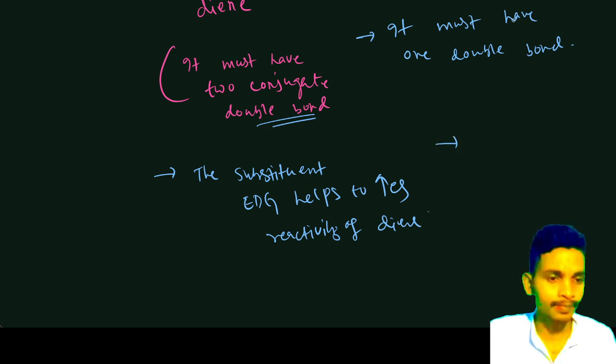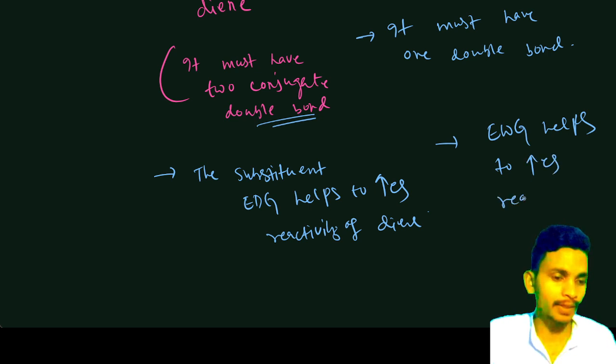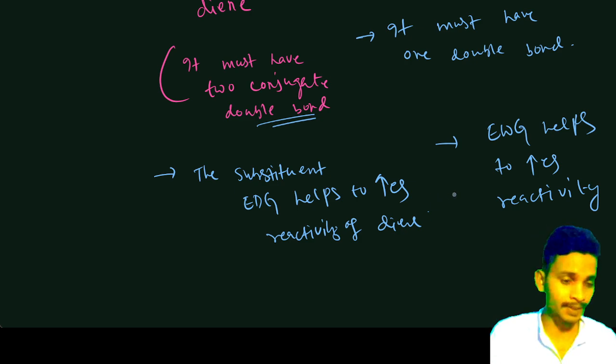Similarly, for dienophiles, electron withdrawing groups help to increase the reactivity of dienophiles. These things I discussed in the previous class.